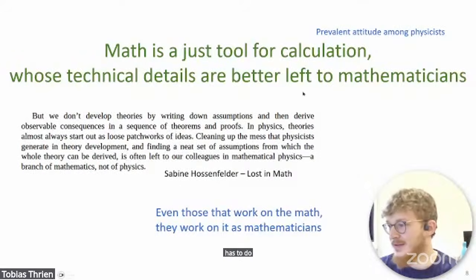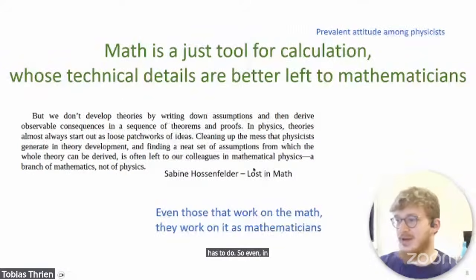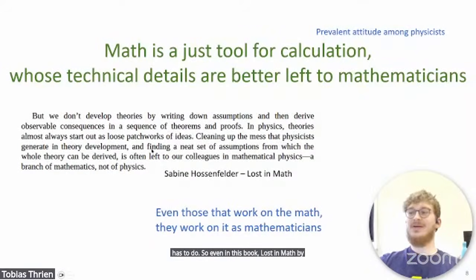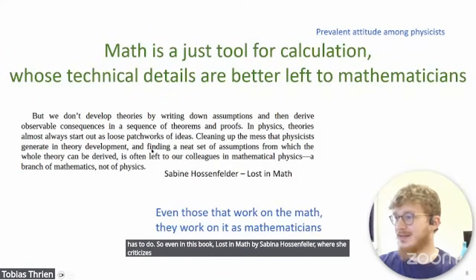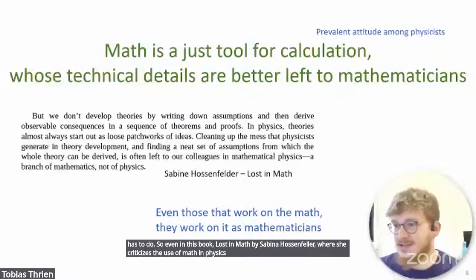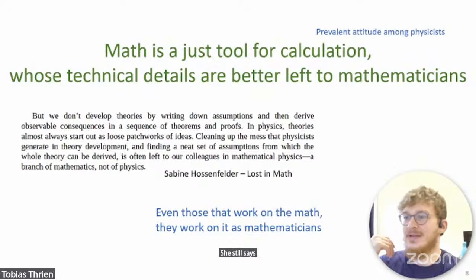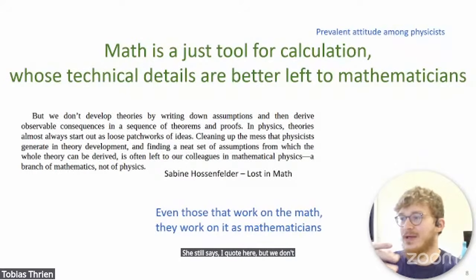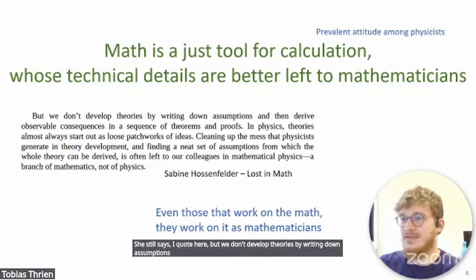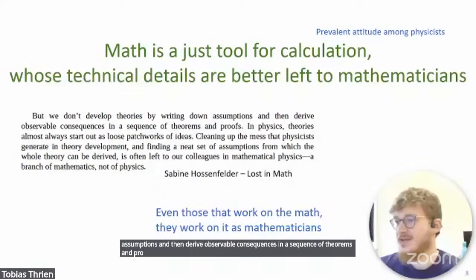Even in this book, Lost in Math by Sabine Hossenfelder, where she criticizes the use of math in physics, she still says, I quote here: "But we don't develop theories by writing down assumptions and then derive observable consequences in a sequence of theorems and proofs. In physics, theories almost always start out as loose patchworks of ideas.